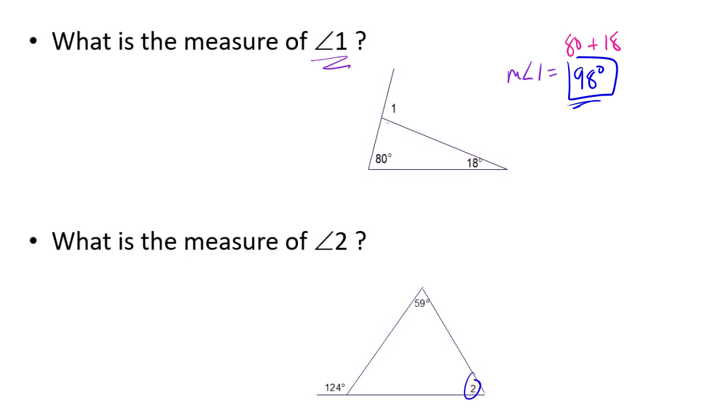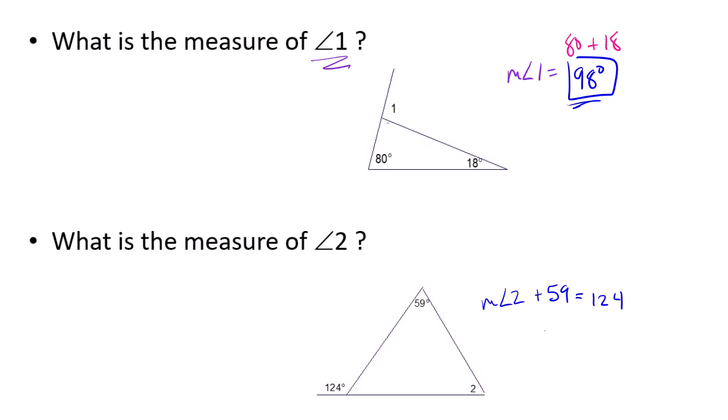So now we are trying to find the measure of angle 2. It's a little different here. We know that the two remote angles add up to the exterior angle, right? So what we could do is say, okay, I know 2 plus 59 equals 124. You could do some algebra here, and then we would subtract 59 from both sides.